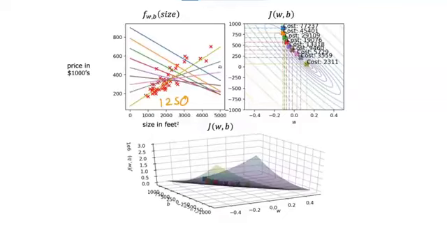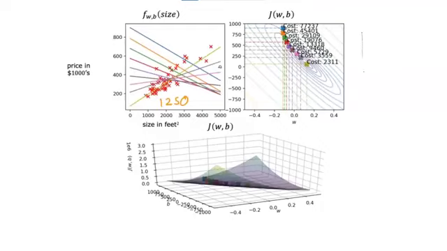If I put it in a 2D format, it is something like this. It started from here, the cost would be this, then it will descend, descend, descend. Finally, it will converge at this point where the slope is zero. That would be your global minima at which it will converge.